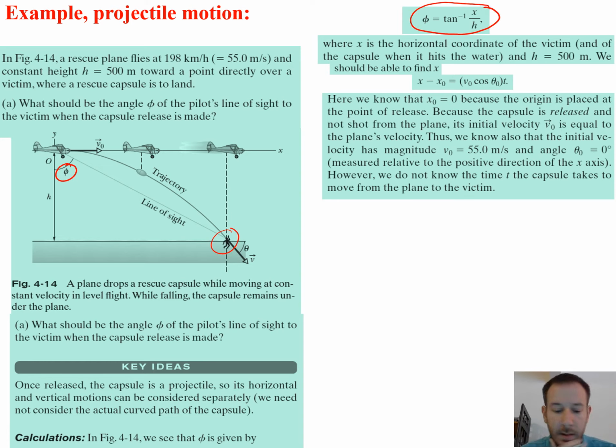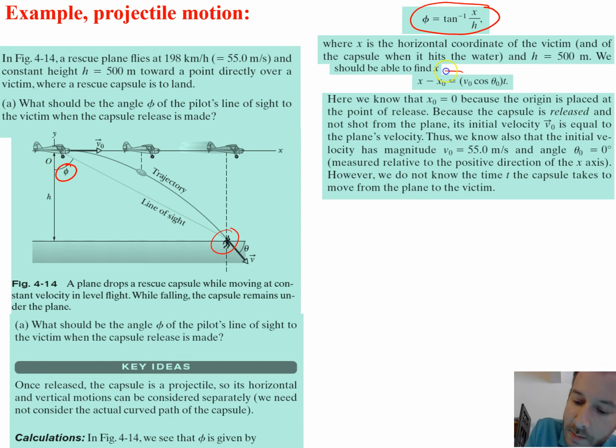And this is just using tangent is equal to opposite over adjacent. So the tangent of this angle is going to be the opposite, which is our x distance, or our horizontal range, over our h component, which is the height. So ultimately, we want to use the equation to find x, right? Because we need to know x to find this angle.